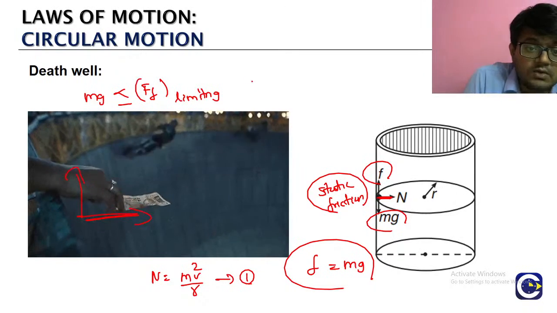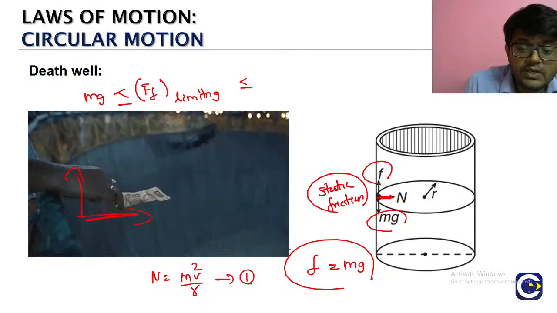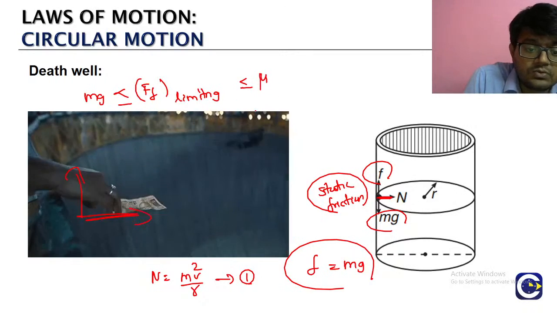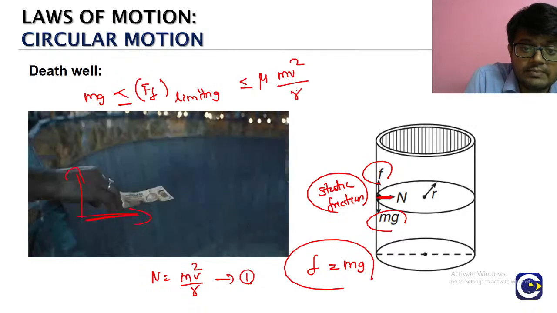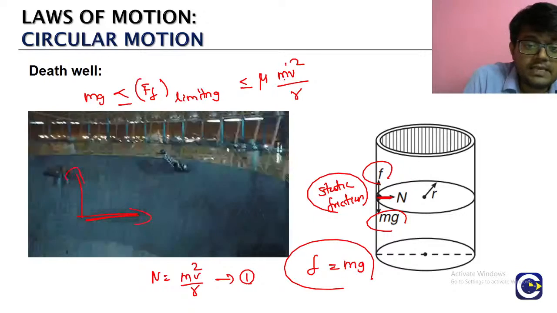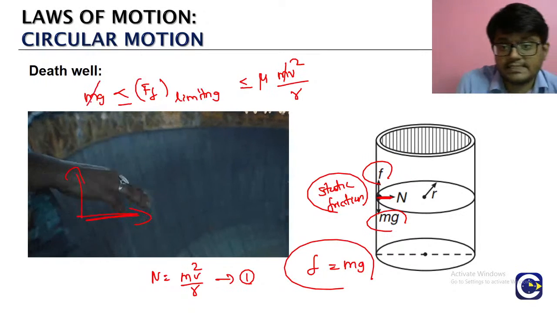Which means what? What is this limiting value of friction? It means mu s into the normal reaction. What is the normal reaction here? mv square by r. So we can see m will get cancelled on both sides.